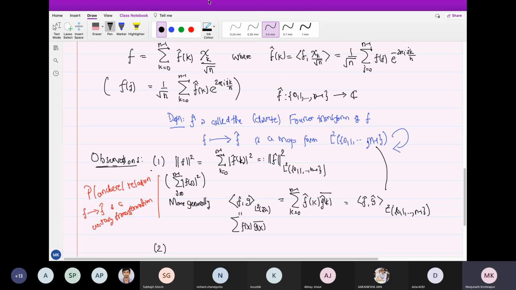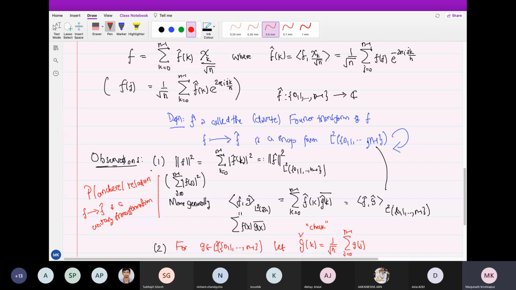So let's define another operation. Instead of hat, this is an inverted hat. It is pronounced check, like in chess. So g check of k is defined as 1 by square root n sum over j equals 0 to n minus 1.